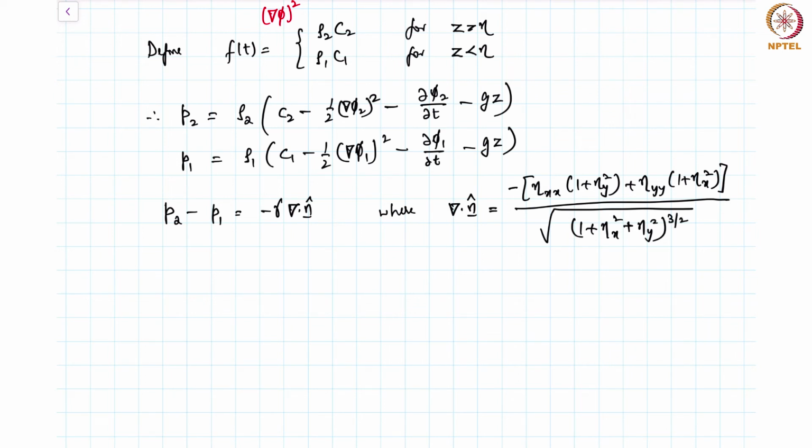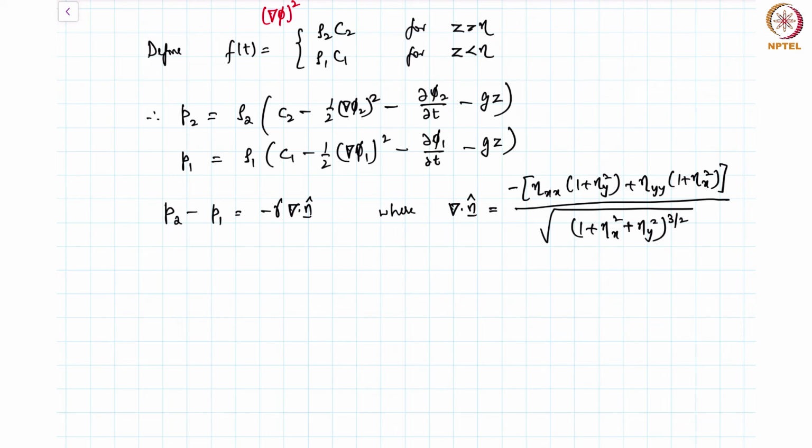This is very similar. The analysis is identical to what we would do in a 2D setting. But now the normal vector has not only the x and z components, it also has the y component.